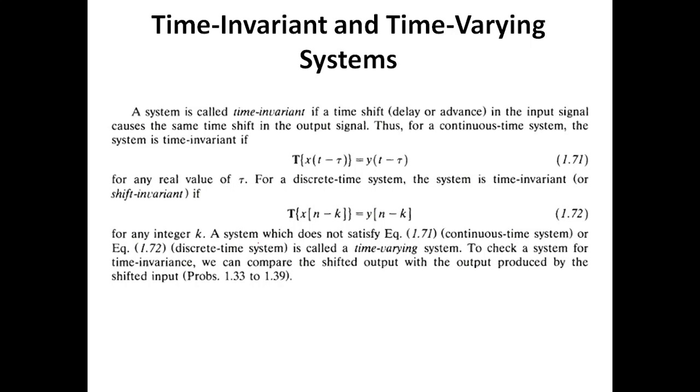Whatever output you are getting should not be dependent on time, and this is called time invariance. If the processing varies as you delay or advance, that is, shift the signal, then it is regarded as a time varying system.